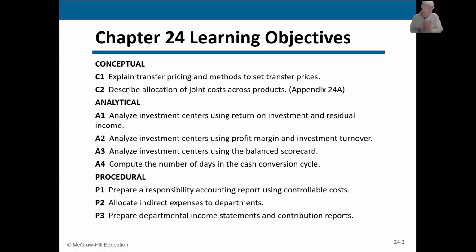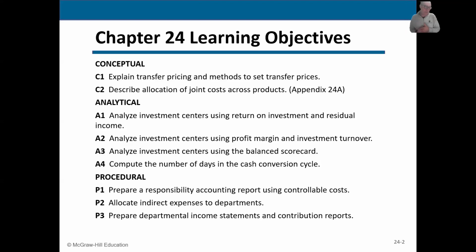Okay, so in this chapter, there are a couple of difficult parts that I will help to walk you through. One of those is called transfer pricing, which is where two managers negotiate a price to transfer the work being produced.